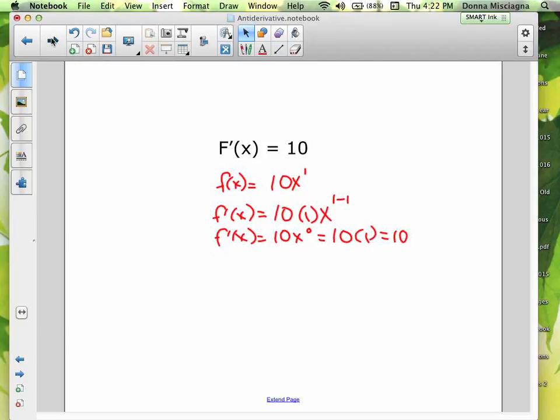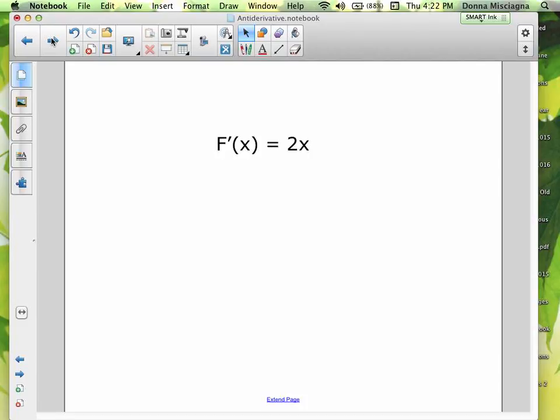Okay. Here's another one. All right, so here's the derivative, 2x. What function has 2x as its derivative? Pause the tape and write down your answer. Hey, welcome back. The function that has 2x as its derivative, again, this would be a power rule, is x squared.